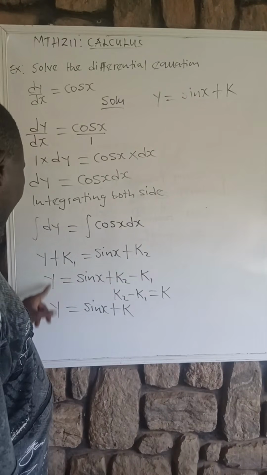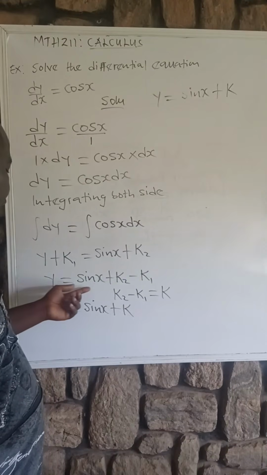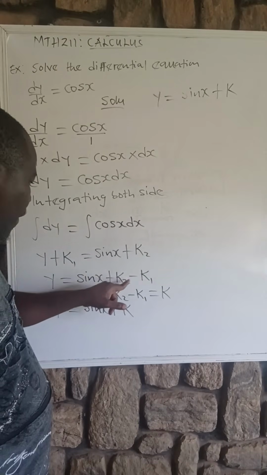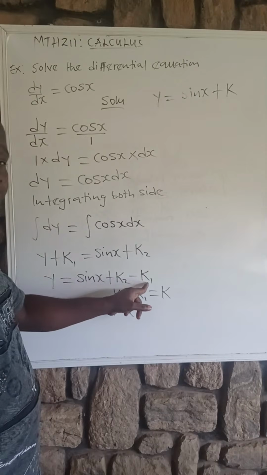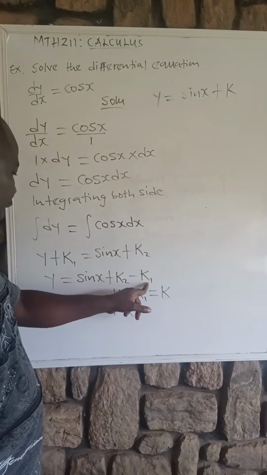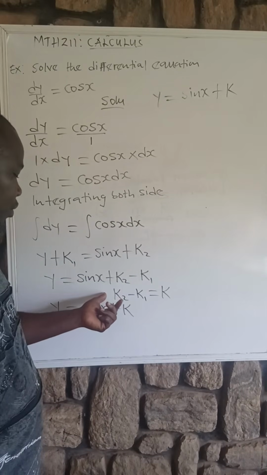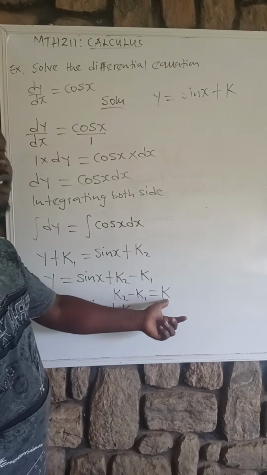That is why you now see that y equals to sine x plus k2 minus k1, because if this plus k1 crosses the sign of equality, it becomes minus k1. So you now assume let k2 minus k1 be equal to k.